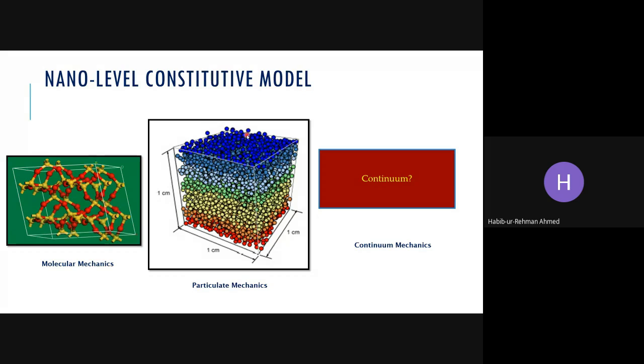And the same is the case for the models for clays, where the behavior is controlled at the molecular level. In case of clays, we can do molecular level simulations first, and then we can develop a model that should be universal in nature.